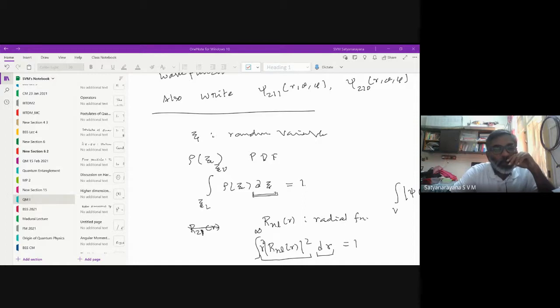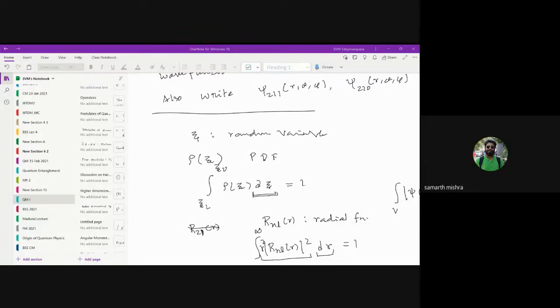But now there is information of some direction: the applied magnetic field along the z direction. So the z direction is different from other directions, which means rotational invariance is broken. When the symmetry is broken, the transformation group becomes a smaller group, or maybe there is no symmetry, in which case the degeneracy gets lifted. So the magnetic field breaks the symmetry, and that's why it is getting lifted. Correct. Thank you.